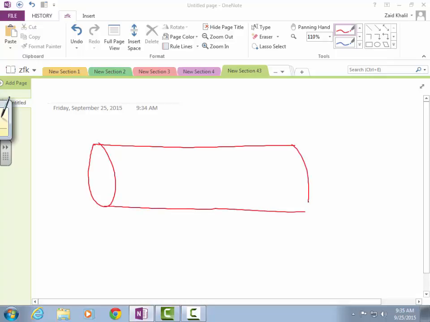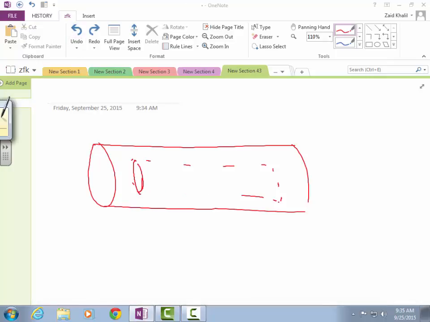So here's a cylinder. Let's do outside first. Outside or inside? What did they ask for first? So inside, I'll take a Gaussian surface. Remember, this is infinitely long, so don't worry about the endpoints or how long this thing is.